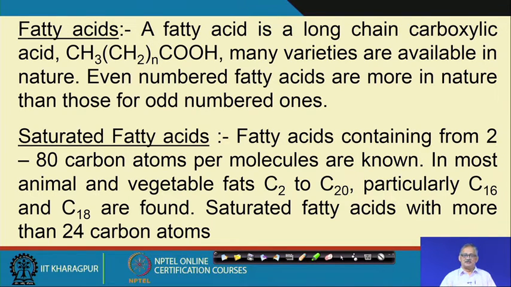So, 1 remains, for COOH, that is C double bond O and OH. Hopefully we know how COOH is written: this is C, this is a double bond O, and this is OH.